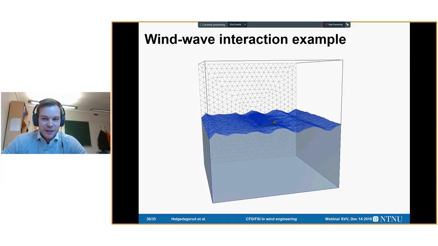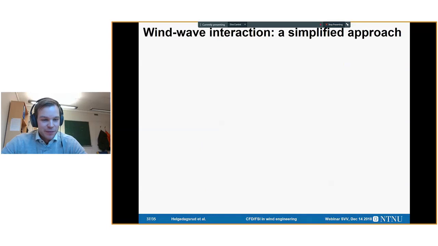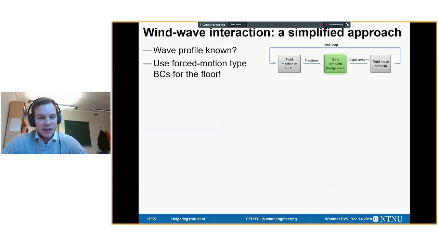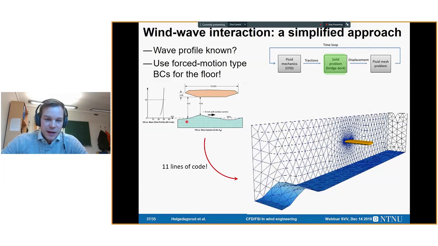But there's another very much simpler approach, because I guess for most extreme waves you know the profile, and you can then just use the existing functionality of the forced motion type boundary conditions to simulate the wave. So we can, for example, do the Airy wave and also get the tangential velocities here. I just made this very quick example also yesterday, and this is like 11 lines of code.